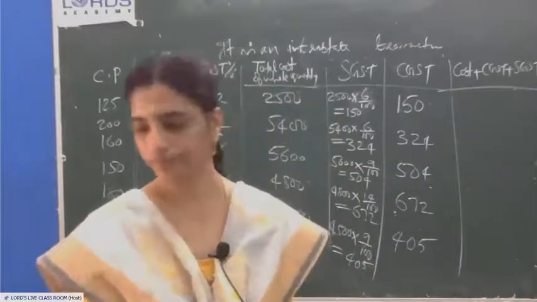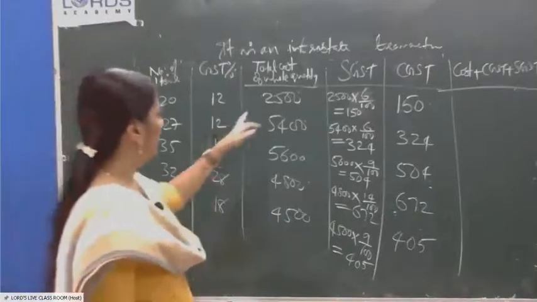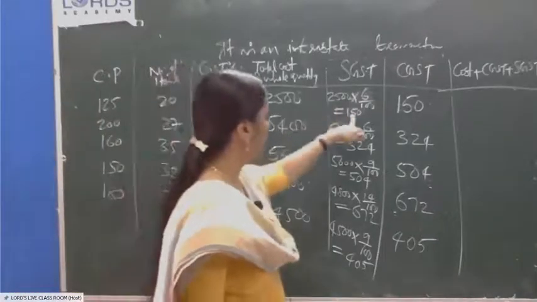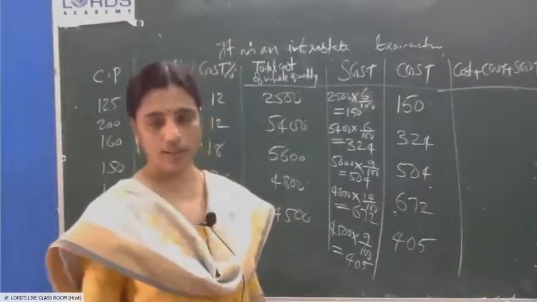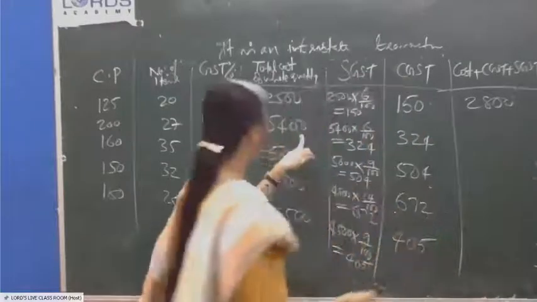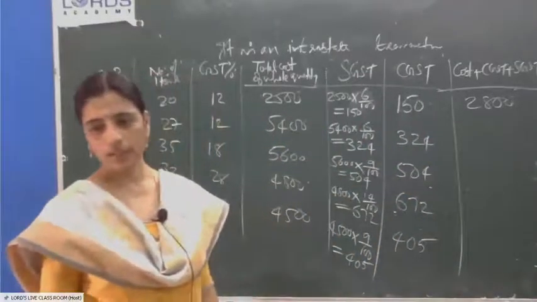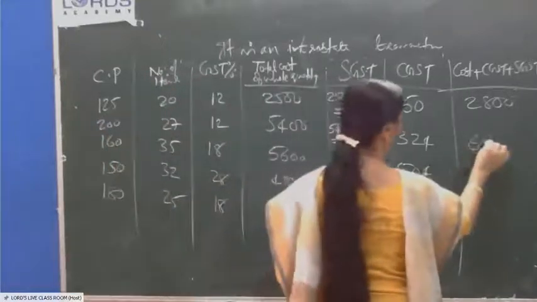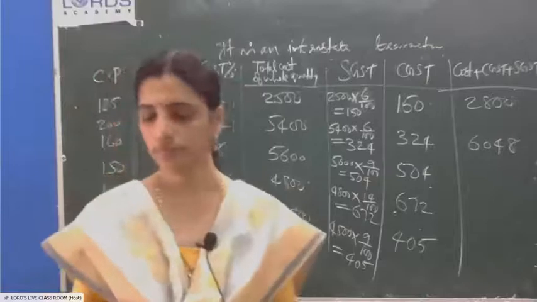You do. All of you do. Here 2500 plus 150 plus 150, that is 300, so 2800. 5400 plus 324 plus 324, you will get 6048.